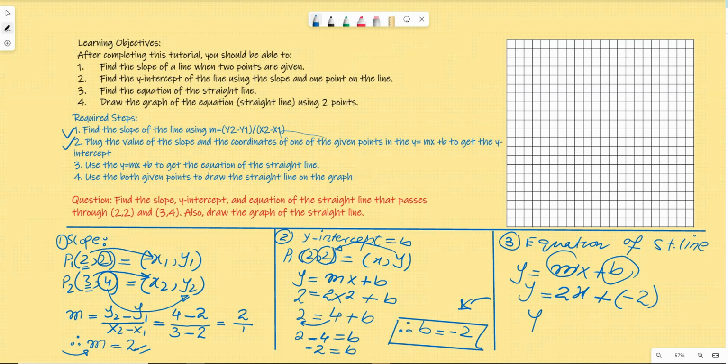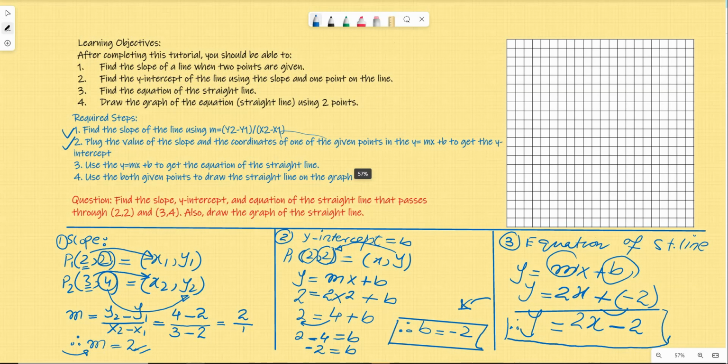So y is equal to 2x minus 2. So we got the equation as well. The equation of the straight line is y equals 2x minus 2.